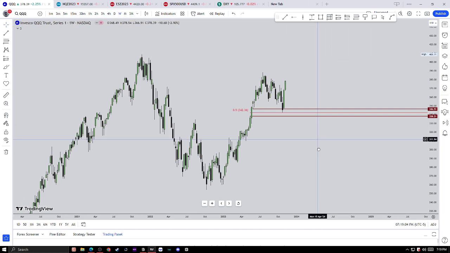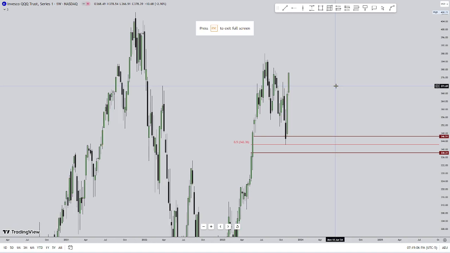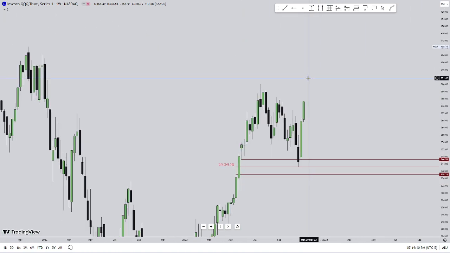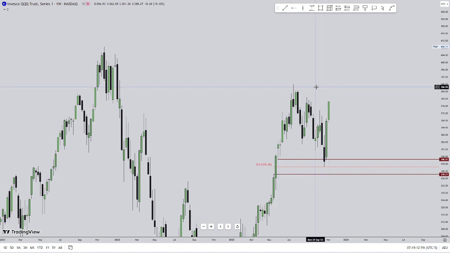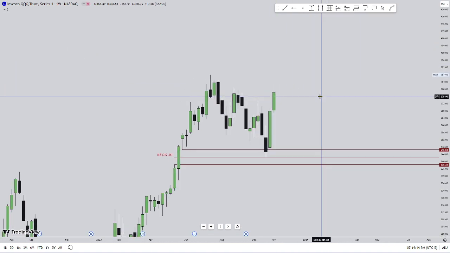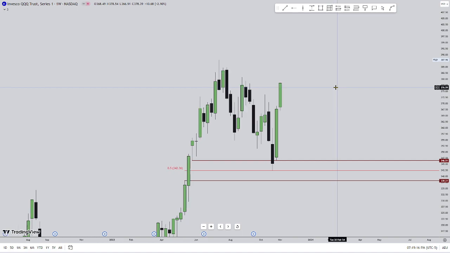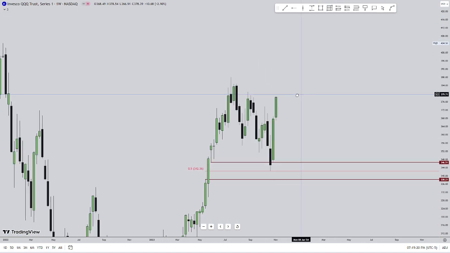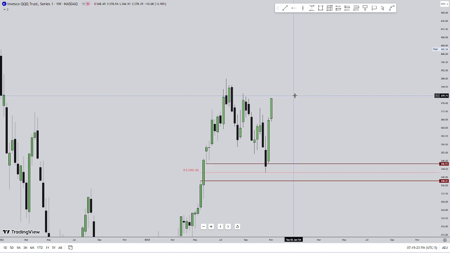QQQ, I don't have a lot of analysis for this one. I mean, on QQQ, this is what I'm talking about. If we go higher, this is just a clear indication that we want to break these highs. But then again, anything can happen in the market. So we're just waiting to see.